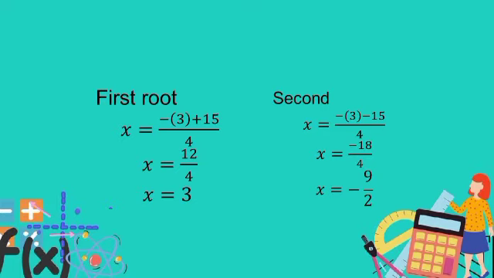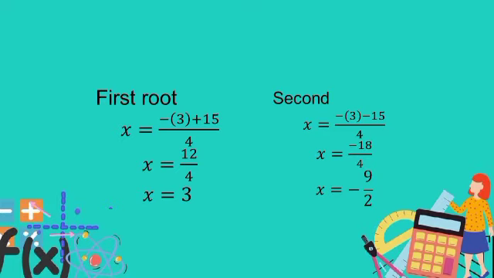So x is equal to 3. How about negative 3 minus 15 all over 4? Negative 3 minus 15 equals negative 18, all over 4, and it can be reduced to the lowest term, which is negative 9 over 2. So we have our x, 3 and negative 9 over 2.